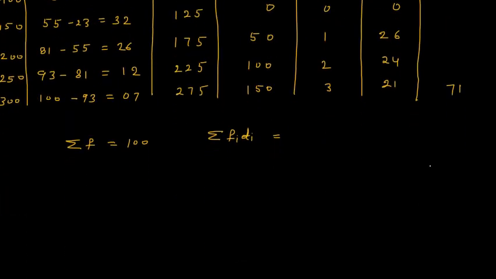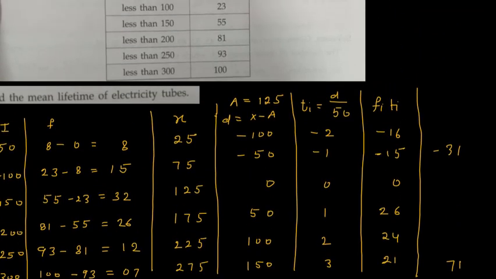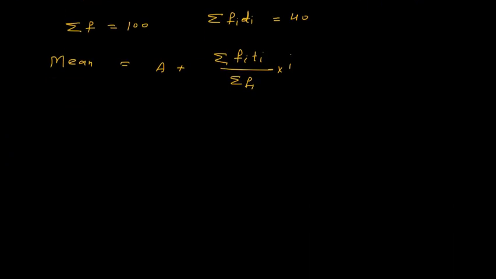And the formula for mean is A plus summation of FiTi divided by summation of Fi, multiplied by i. The value of A we have taken is 125. So this is 125 plus 40 divided by 100, multiplied by 50.